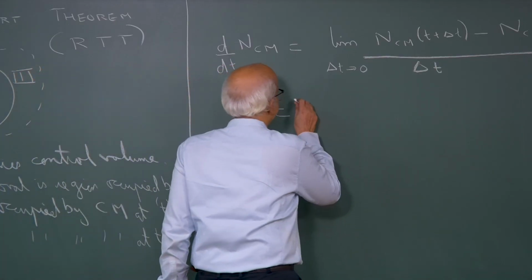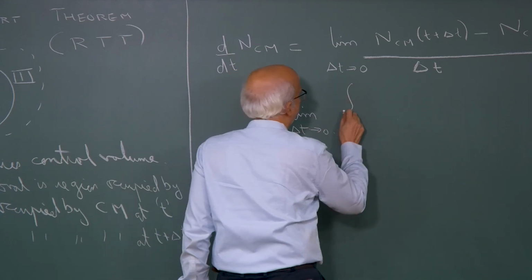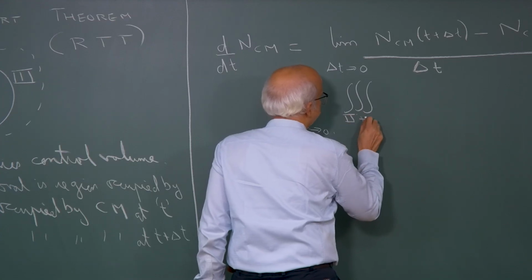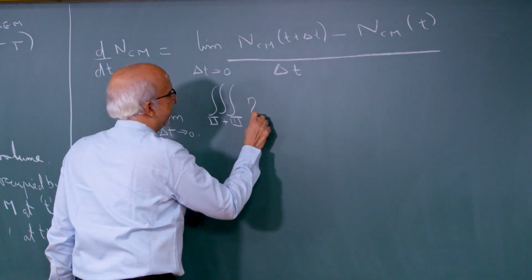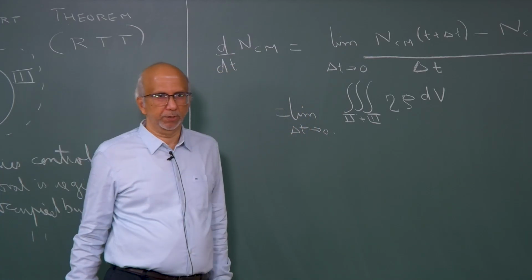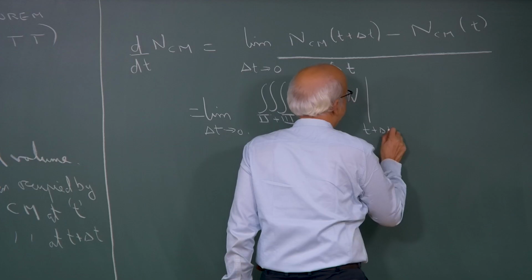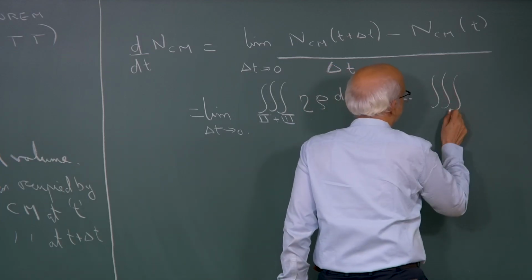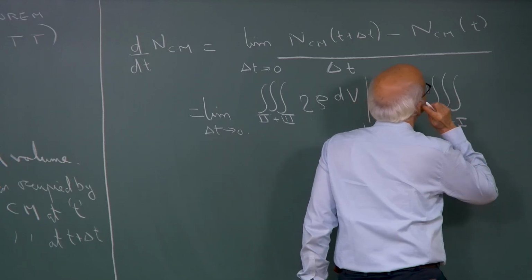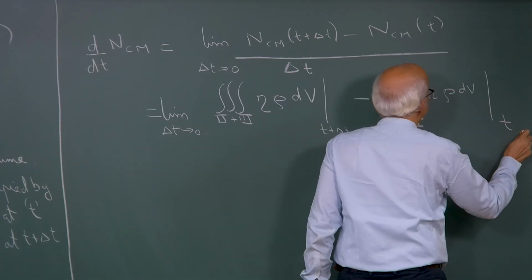So, I am going to write this as limit delta t tending to 0, and because over regions 2 plus 3, I wrote this as eta rho dV. Okay. And this is evaluated at t plus delta t minus this is over regions 2 plus 1, eta rho dV, this is at t.